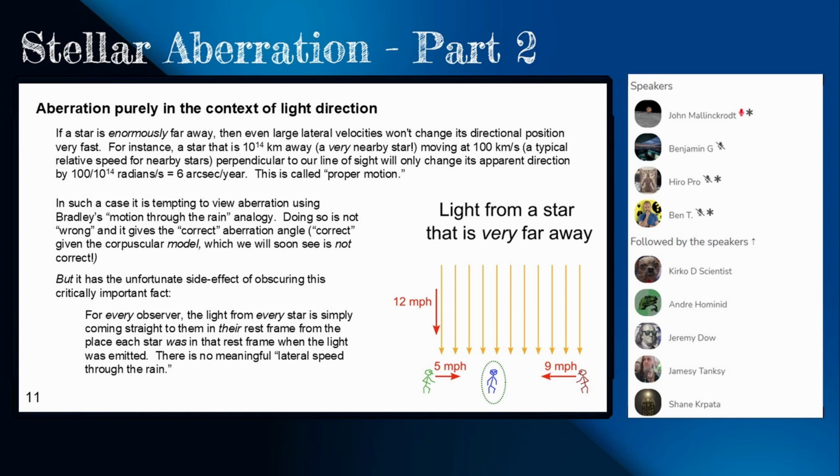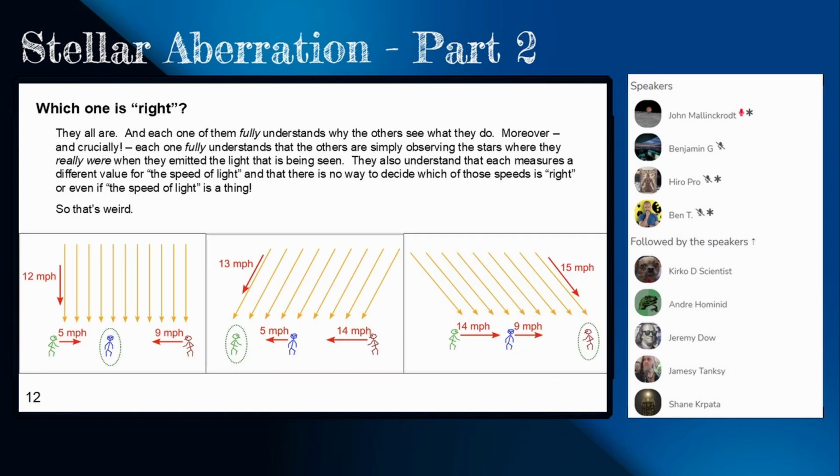And so on slide 12, I just show that. We do the Galilean transformation, and we get the same results we did before, as if it were just a rain of particles coming down. The green guy sees 13 miles per hour at the 22-degree angle. The red guy sees 15 miles per hour. I didn't say it before, but it's about a 37-degree angle the other direction.